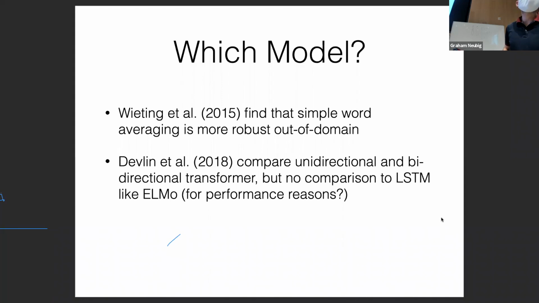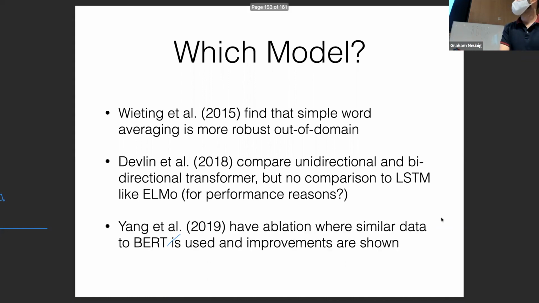I think now basically everything uses transformers, partly for efficiency, because to do pre-training you often want to train on very large data sets. I think that's the main reason. However, there's not a comparison over the many different flavors of transformers we have nowadays, so it's not really super clear.